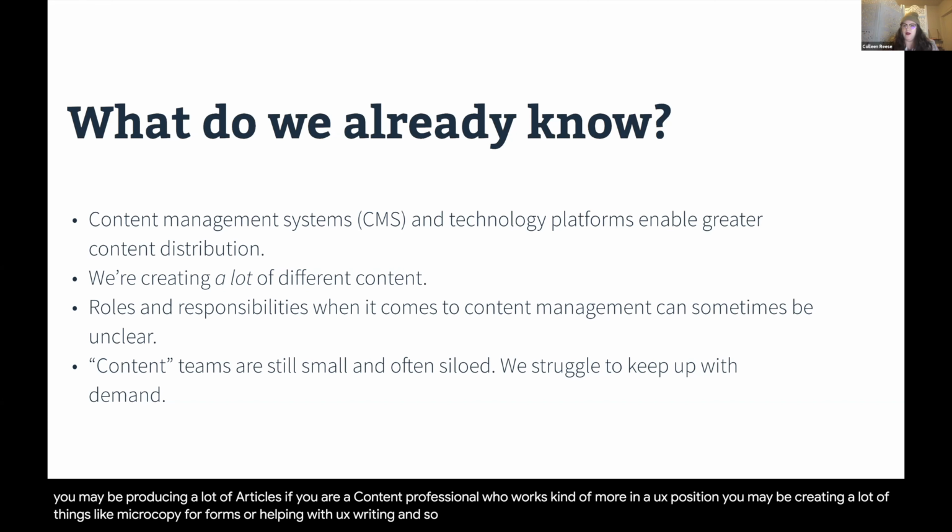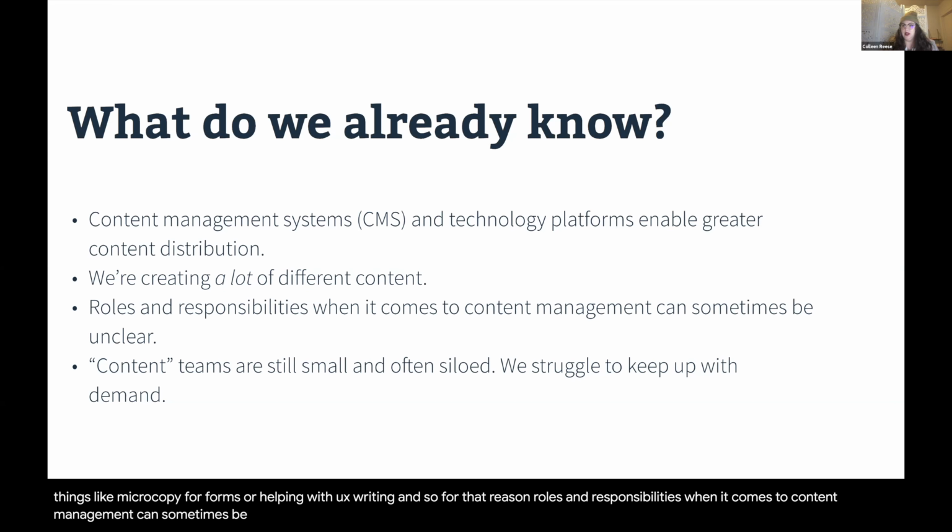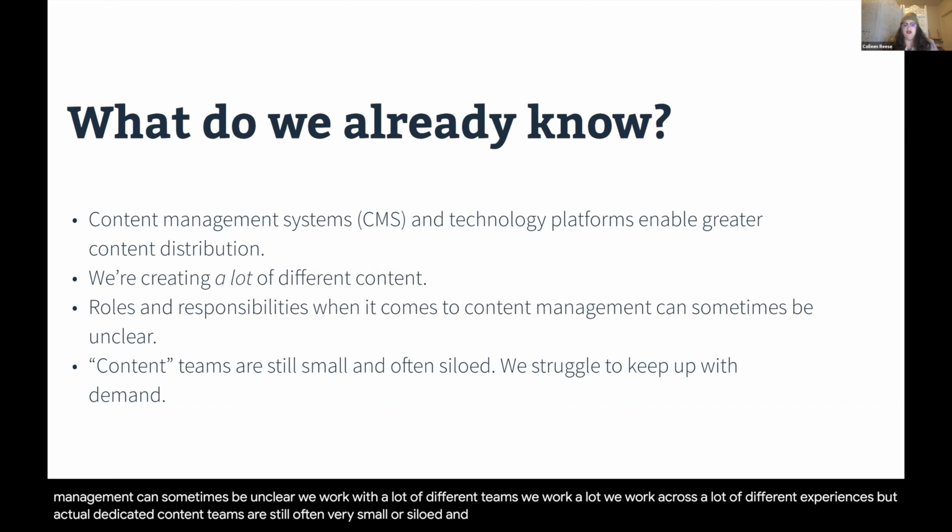For that reason, roles and responsibilities when it comes to content management can sometimes be unclear. We work with a lot of different teams. We work across a lot of different experiences, but actual dedicated content teams are still often very small or siloed. And so we struggle to keep up with demand. And so there are a lot of different challenges.